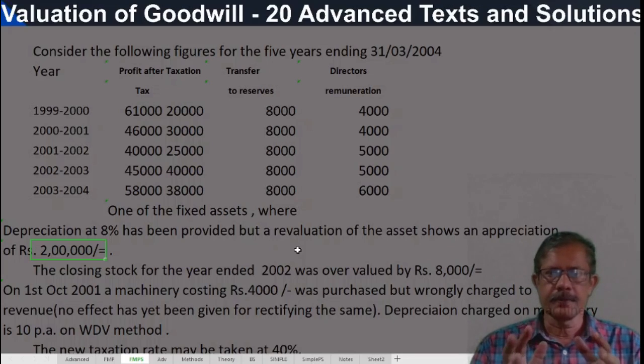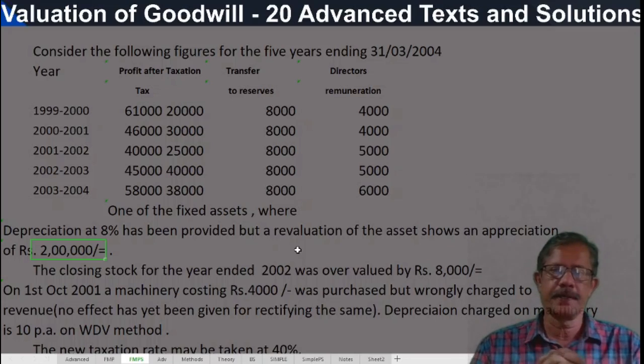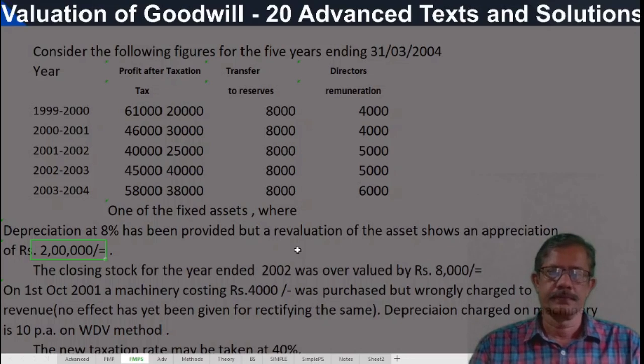And if it is land, no depreciation is there. But if it is a fixed asset where depreciation is provided, the profit on revaluation may arise. In such cases, a case of additional depreciation will arise. Additional depreciation.